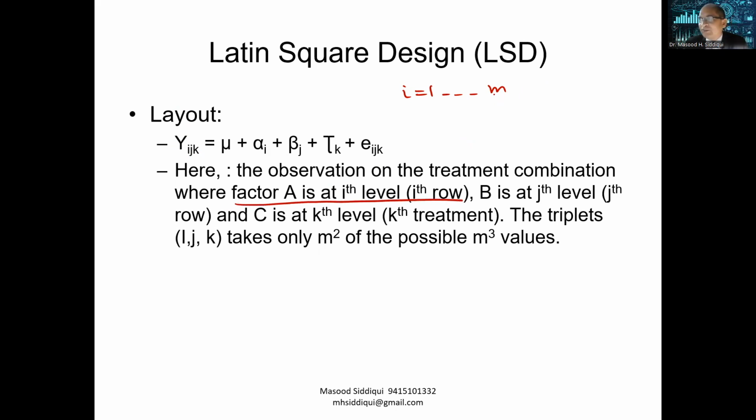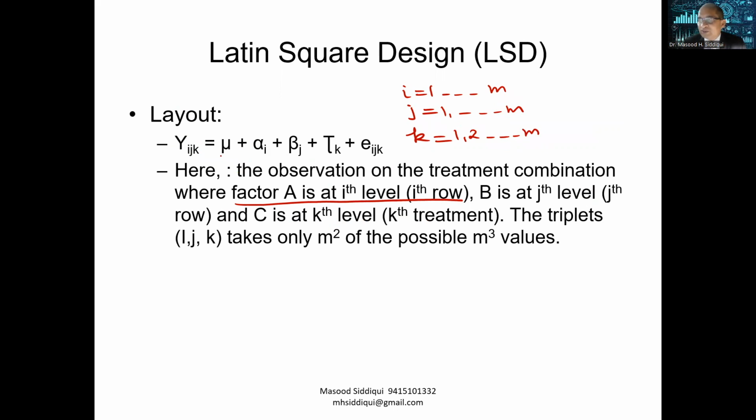The other one is j, which also takes M values, so B is at the jth level, another source of variation, that is the jth column. And the third one is k, that is the treatment. So the number of treatments would also be equal to M. So C is at the kth level, that is the kth treatment. So this is the Yijk.